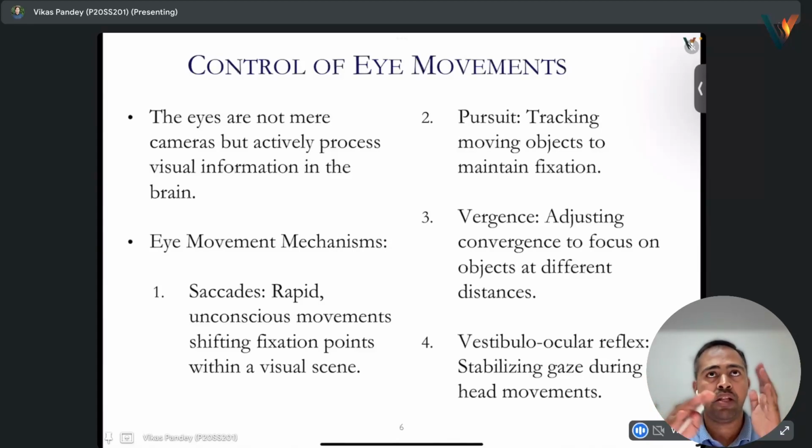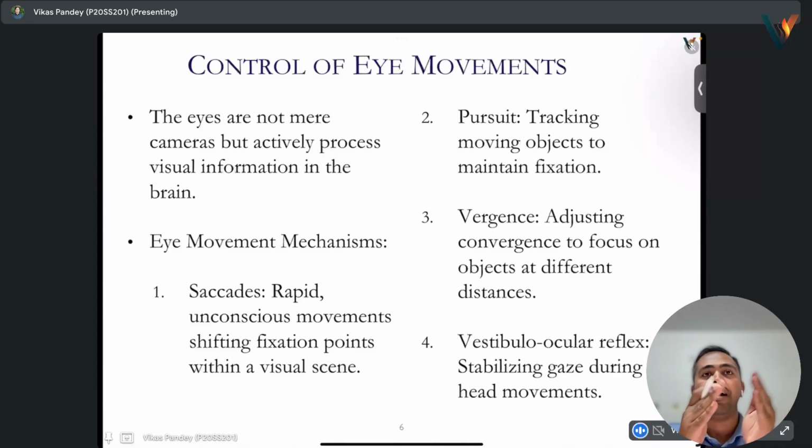So you are seeing something, but in that frame or scene itself, your eye will unconsciously move a bit. So if you see some person, that person's eye, like, I will see changing the positions, that is saccades. Then is the pursuit, tracking moving objects to maintain fixation.